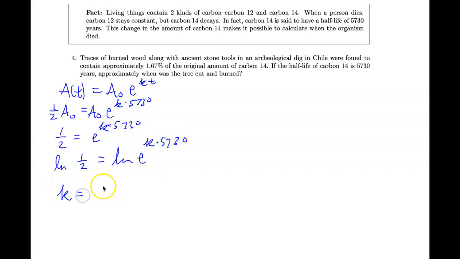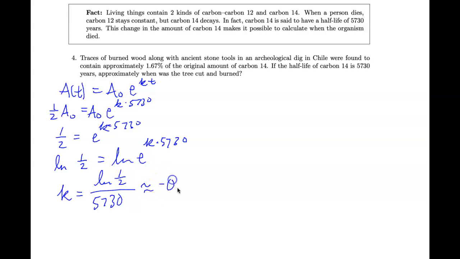K is going to equal natural log of 1/2 divided by 5,730. And so if we put this in our calculator, we're going to see that it's given to us in scientific notation. It was like negative 1.21 times 10 to the negative 4.